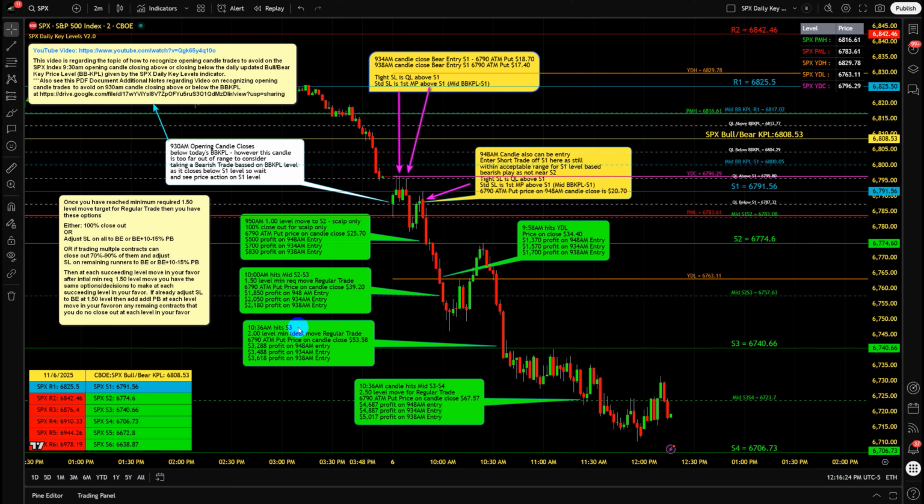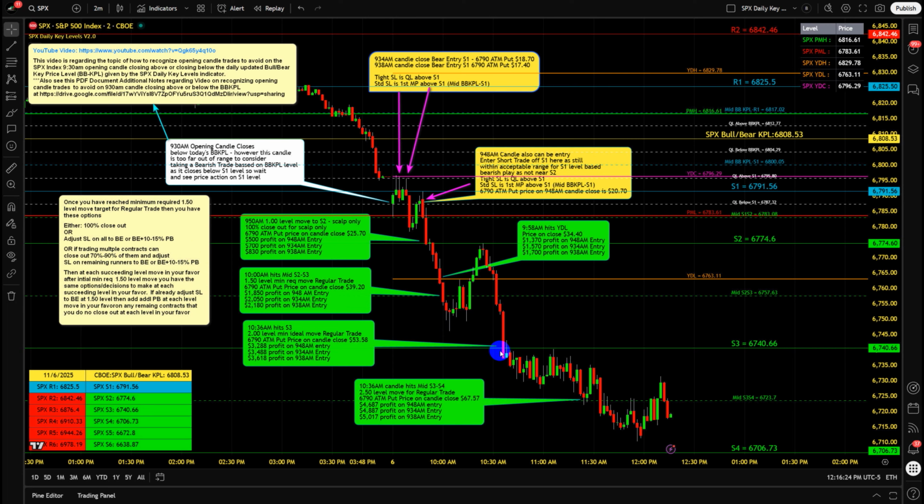Here at 10:36 a.m., it hits the S3 level. Now we have a 2-level move in our favor, and this is the minimum ideal move for a regular trade. So what does that mean versus an ideal move versus a minimum required move? The minimum required move is the minimum move at which to start making one of these decisions here.